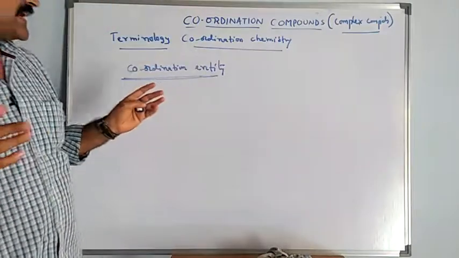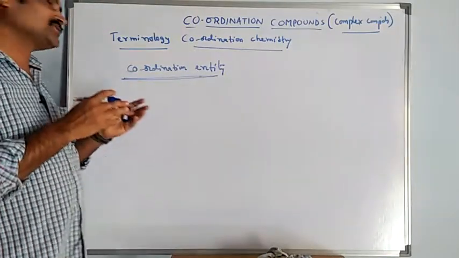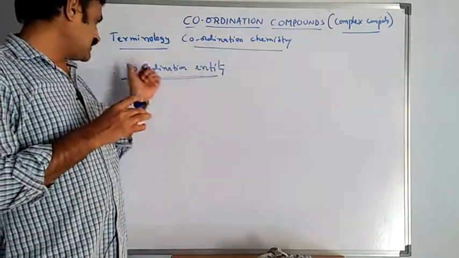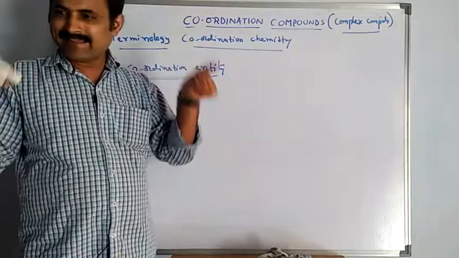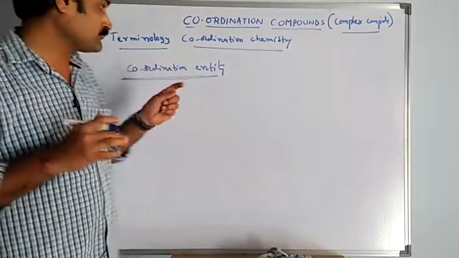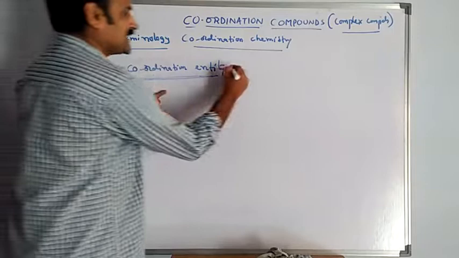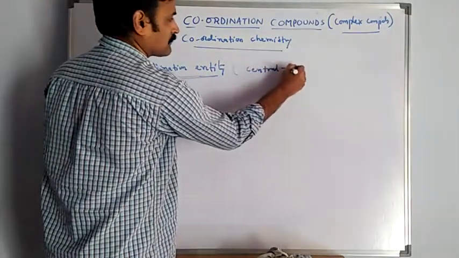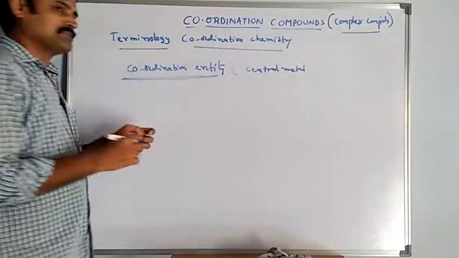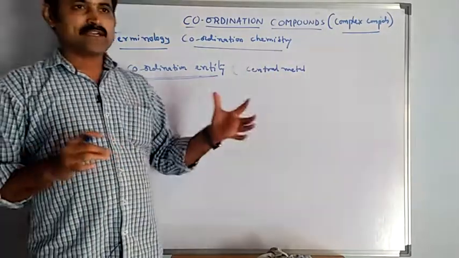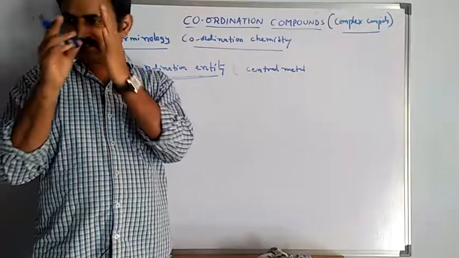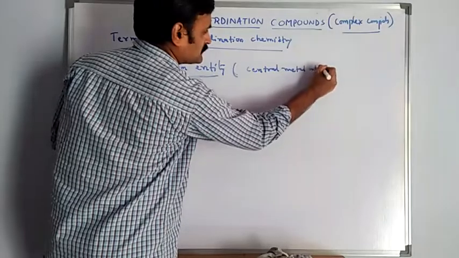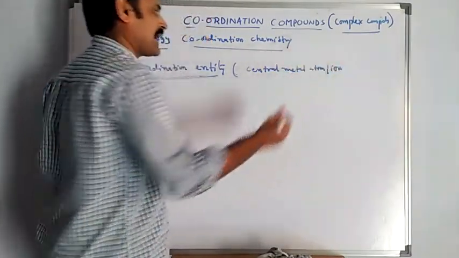That square bracket information, the terminology in this complex coordination chemistry, we will call it the coordination entity, which contains one central metal. So this coordination entity, the square bracket, contains one central metal, that may be an atom or ion.